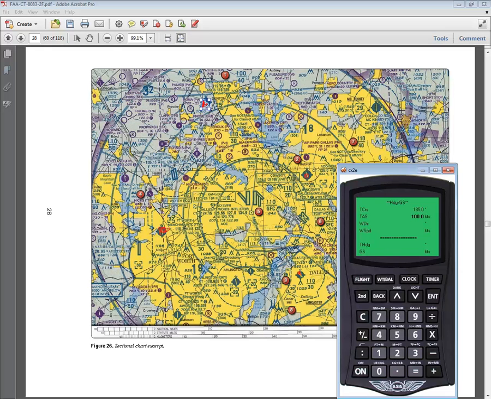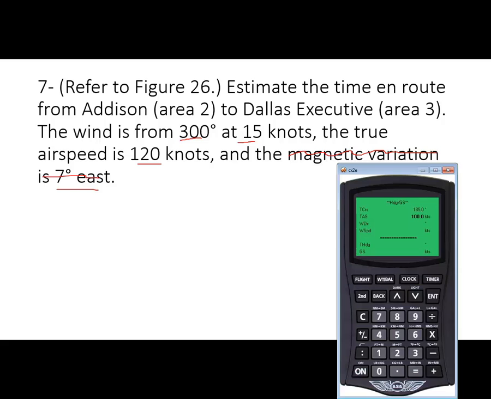Now they want to know what the true airspeed was. So looking back at the question, our true airspeed was 120, so let's type that in. Wind direction was 300, and wind speed was 15 knots. Gives us a ground speed of 125.6, and to figure out how long it's going to take, we go back into our leg time menu and tell it the distance between those two airports.